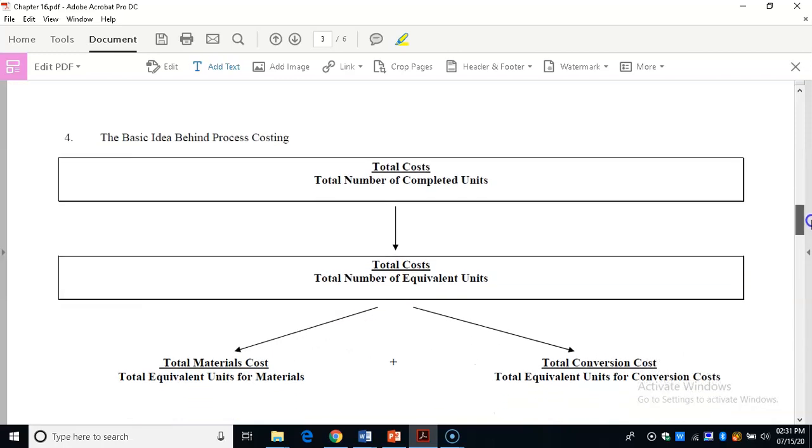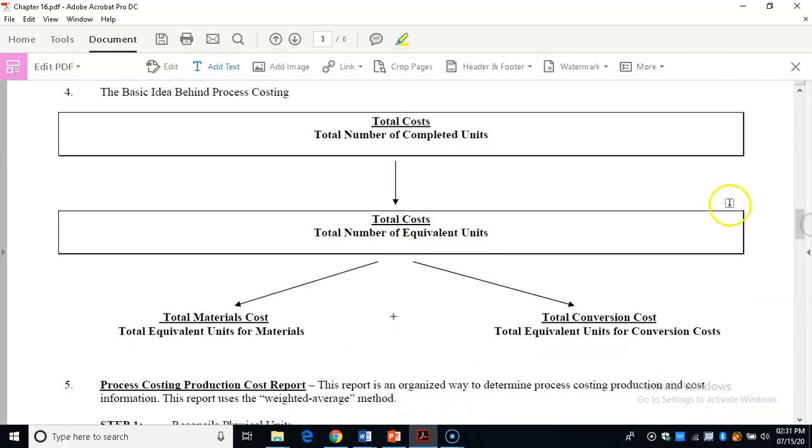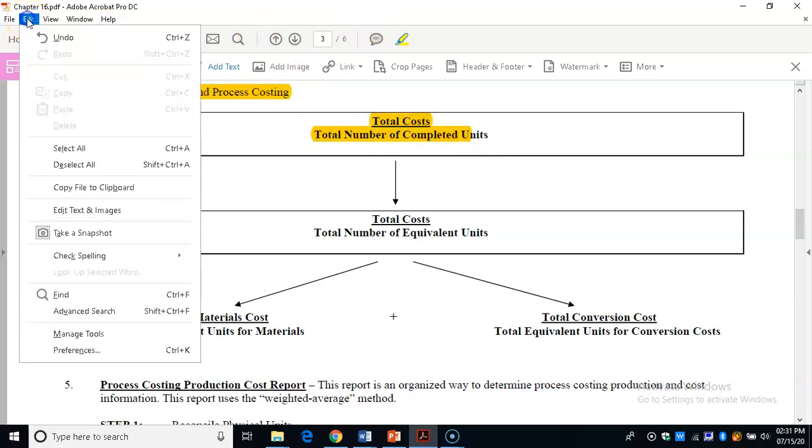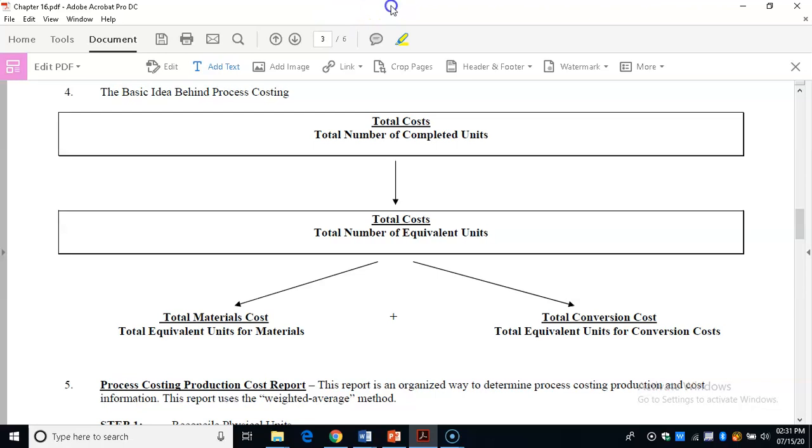All right, so let's take a look here. This is a graphic depiction of what we're going to be doing. So we have total cost divided by total completed units. For example, let's say that my total cost was $10, and I finished making 10 units.